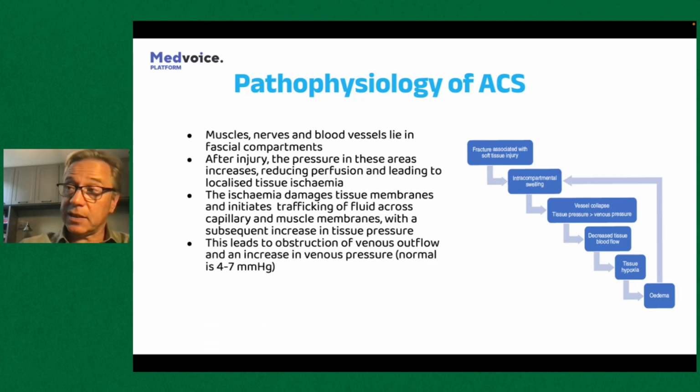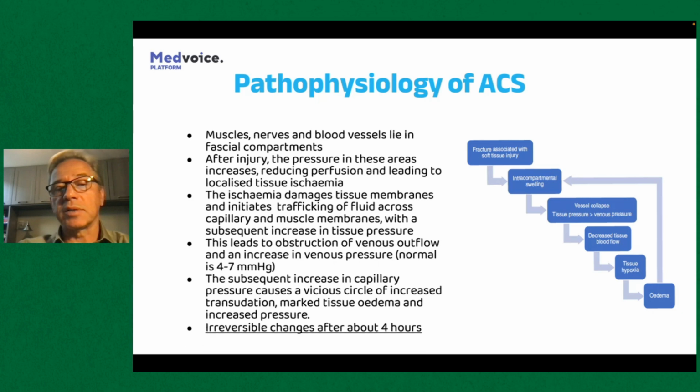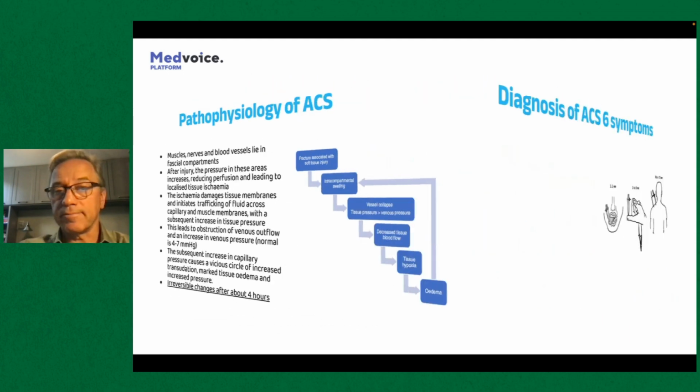This in turn obstructs venous outflow and increases venous pressure, which is normally 4 to 7 millimeters of mercury. The subsequent increase in capillary pressure causes a vicious circle of increased transudation, marked tissue edema, and increased pressure. Remember that this needs to be acted on quickly because irreversible changes will occur within 4 hours.